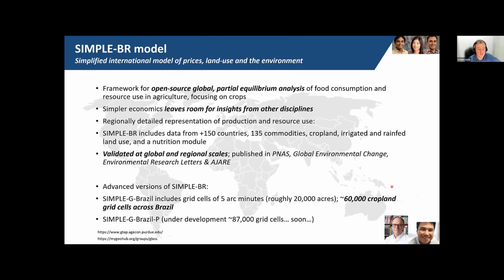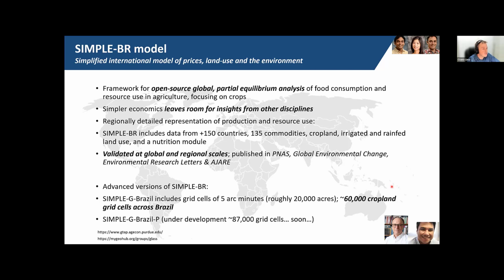And we use the SIMPLE framework. It's an open source global partial equilibrium model for food consumption and agriculture, with a focus on crops.